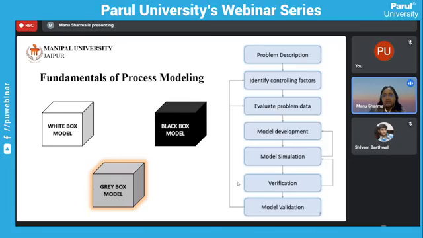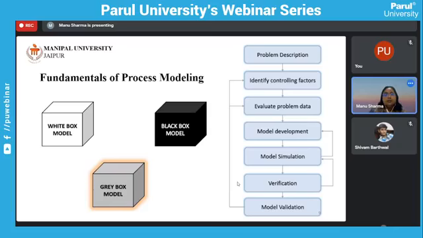After the model is developed, after a set of mathematical equations is obtained, we simulate the process. Simulation means we solve that set of mathematical equations and generate the desired result. Once it has been solved, we have to be assured whether the developed model is correct or not.